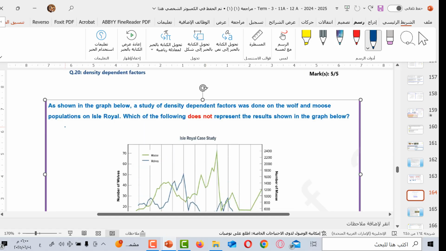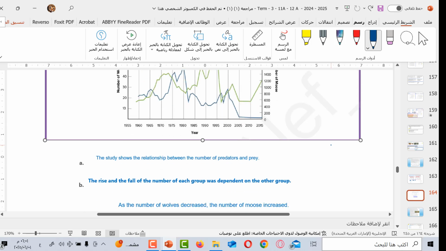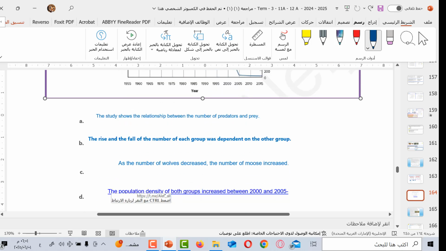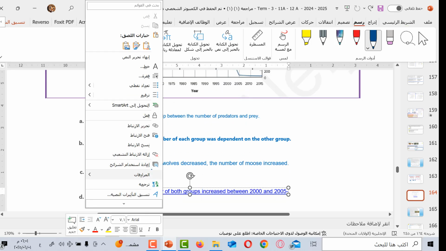As shown in the graph below, a study on density dependent factors was done on the wolf and moose population on Isle Royale. Which of the following does not present the result shown in the graph below? One of these doesn't show the result of the graph below.